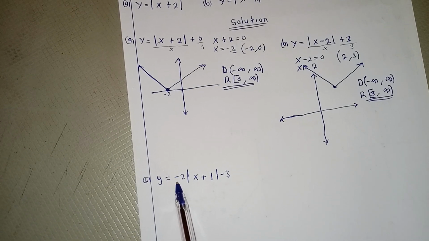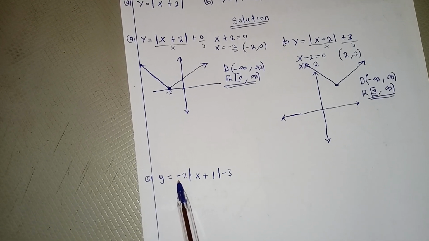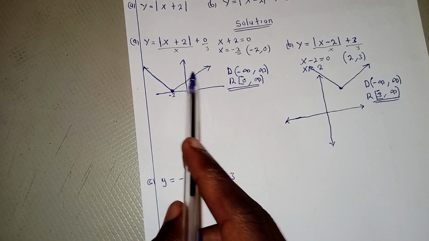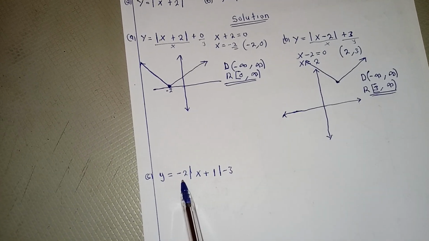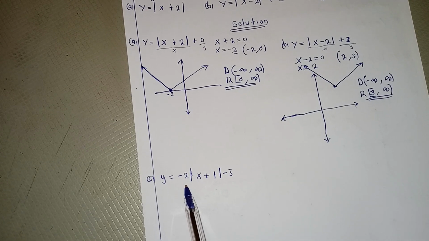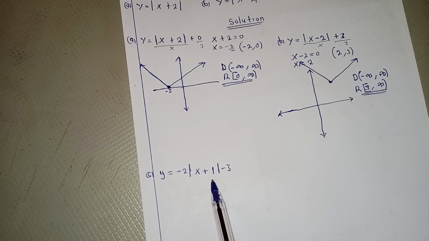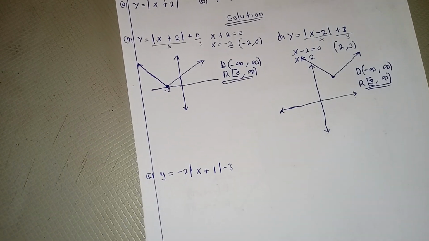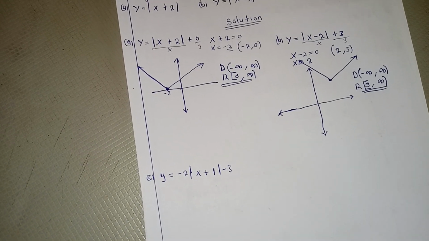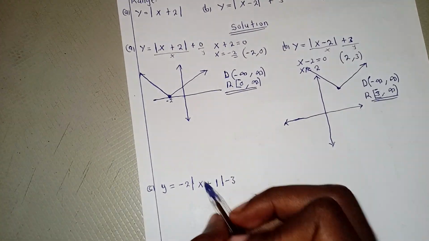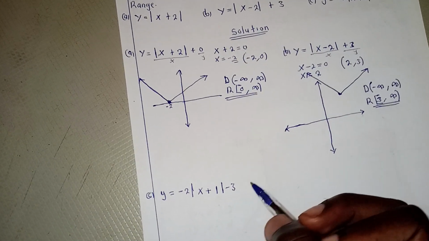This negative 2 is simply some factor that shows the expansion of your graph. Okay, it's a factor showing how your graph is simply expanding. Then this negative 3, of course, is some y value.